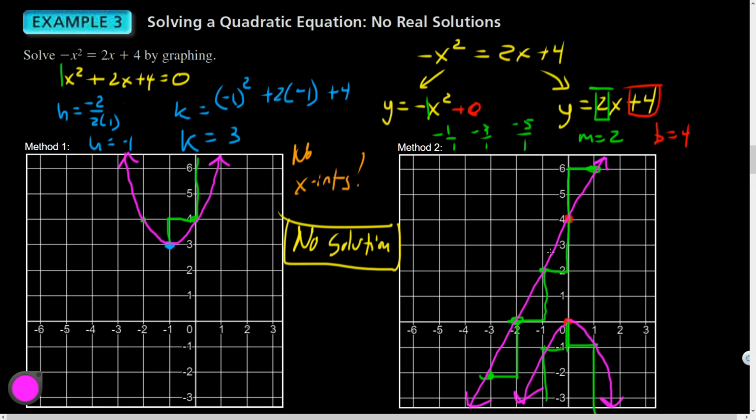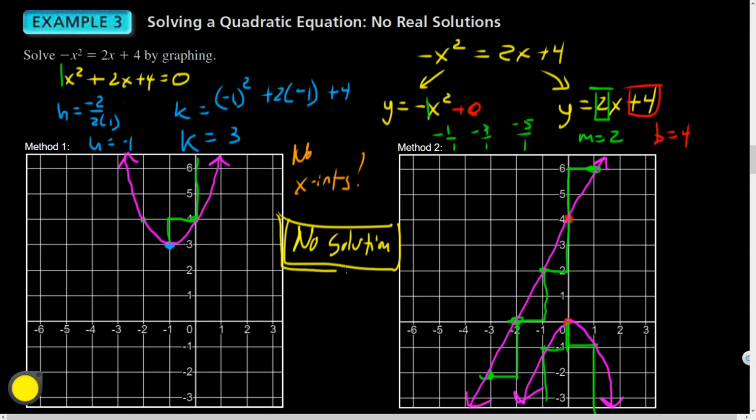All right, if there was a point when they cross, let's say, what if the parabola looked like this? Then I would have taken whatever intersection it was, and I would have taken just the x coordinate of that intersection as my solution. But in this case, they never crossed, and so there's no intersection, and therefore there's no solution again.